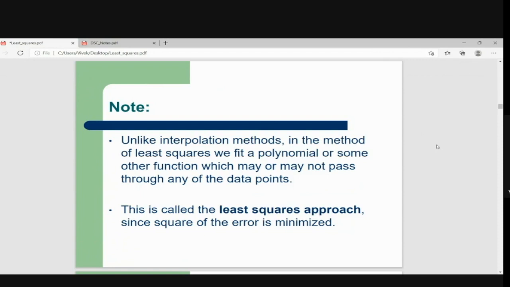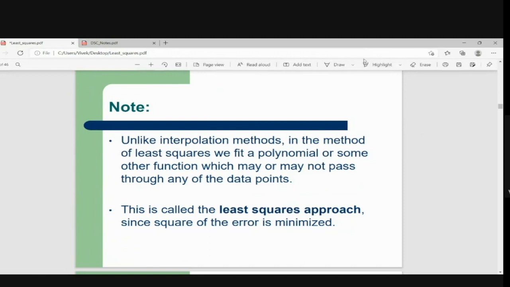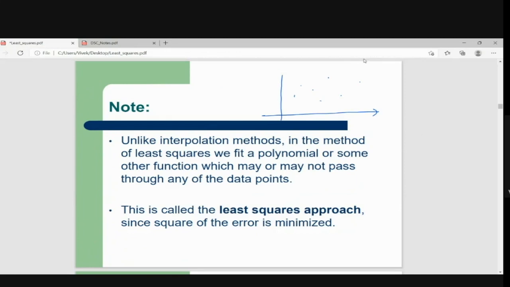Because you know that in interpolation, suppose I have a curve and these are the points. If somebody says, draw a curve which is passing through all these points, maybe I will start a curve from here and do the interpolation.